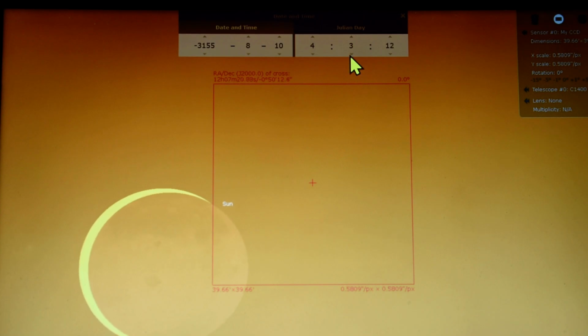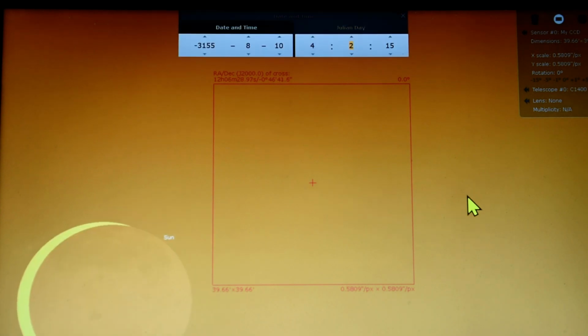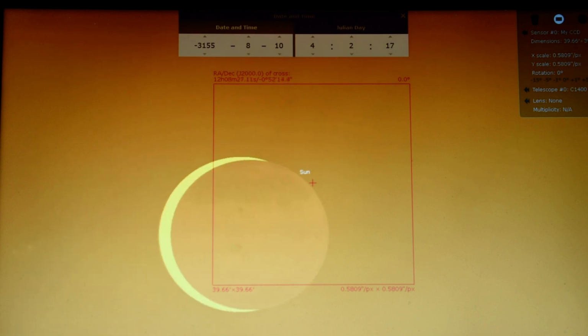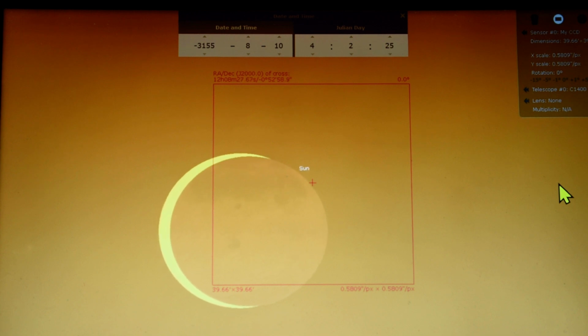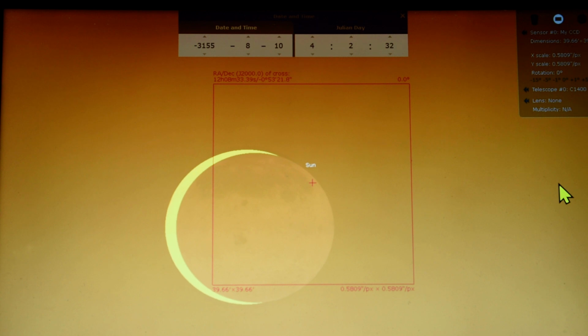Okay, let's come back a bit, and I'll increase the magnification. So here we have at 4:02 the crescent facing, with the opening part of it, pretty much towards the right, towards the north.